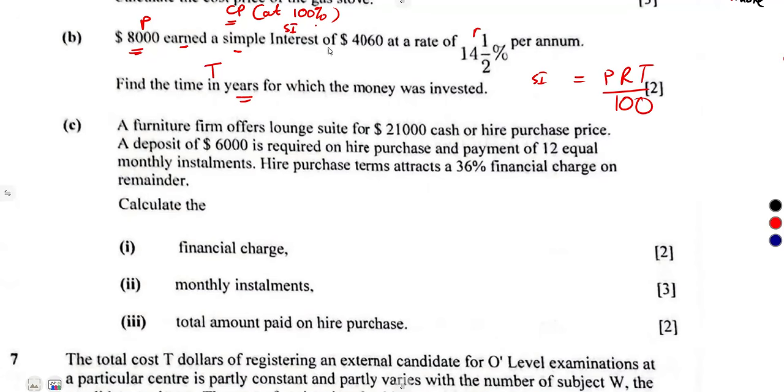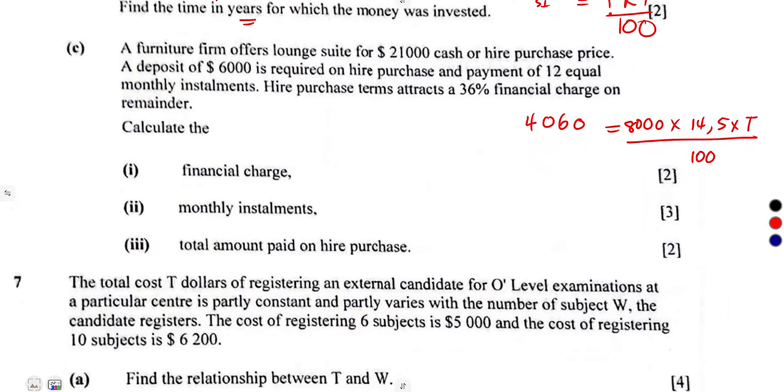So the simple interest, 4,060, is equal to the principal 8,000 times the rate 14.5, times the time in years, over 100. So we can evaluate this.